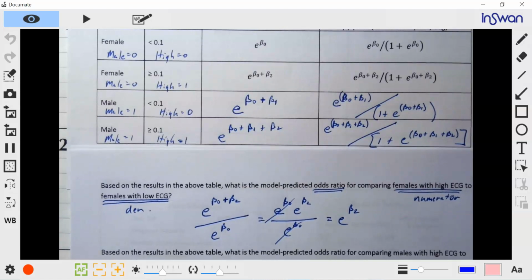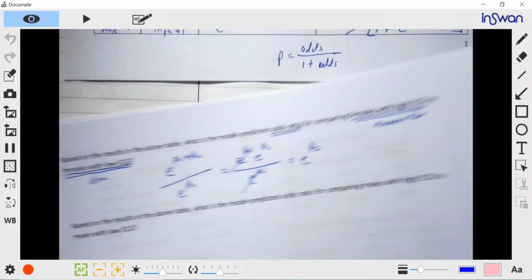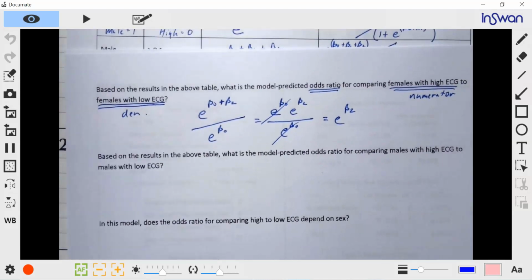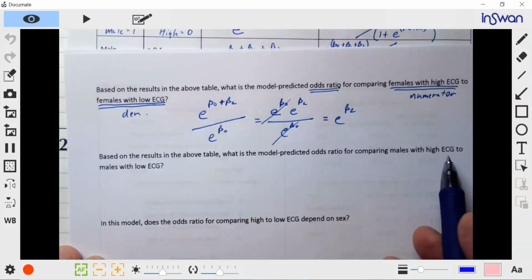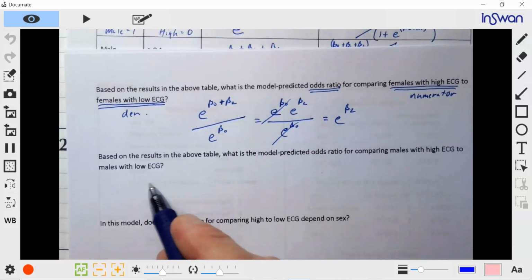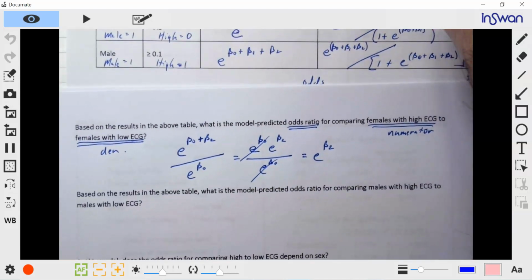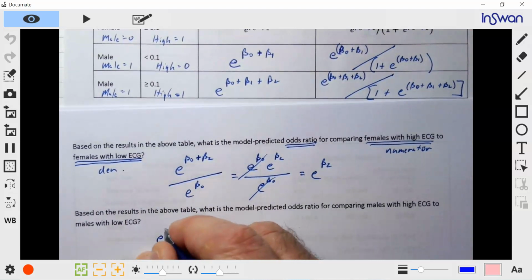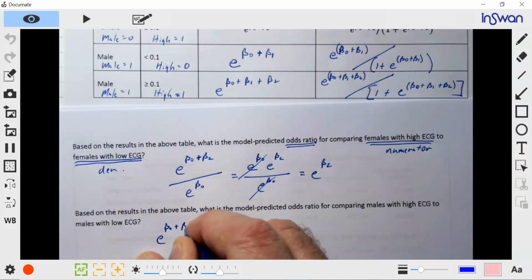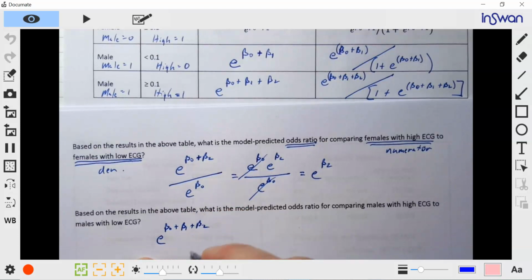So based on the results in the above table, what is the model predicted odds ratio for comparing males with high ECG to males with low ECG? Well, the odds for males with high ECG is e to the beta 0 plus beta 1 plus beta 2. That's males with high ECG.